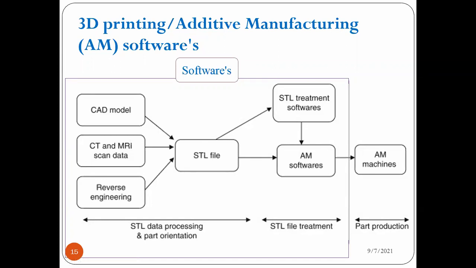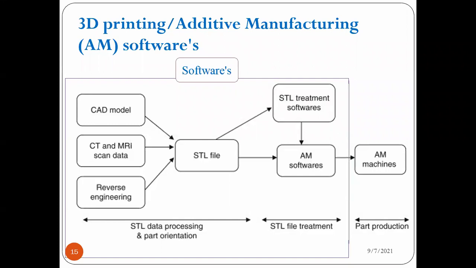Suppose those who are creating civil CAD using their softwares, those who are working in the architecture department, there are different softwares. When we convert that model to an STL file, some errors will occur. Those errors you also have to rectify using the STL treatment softwares.